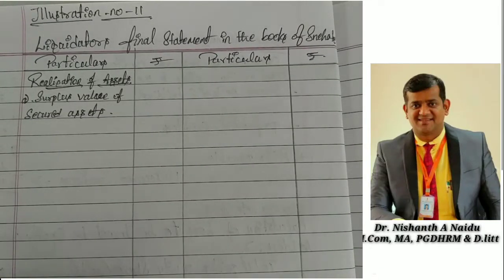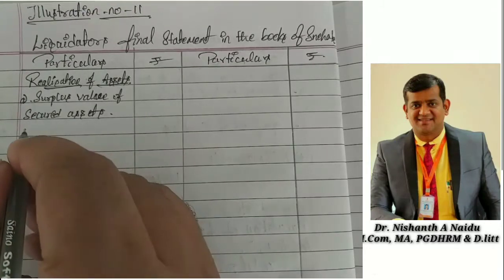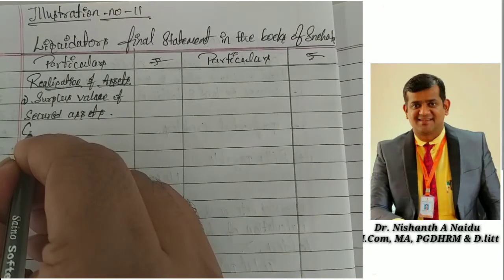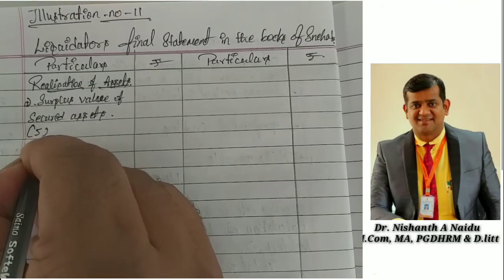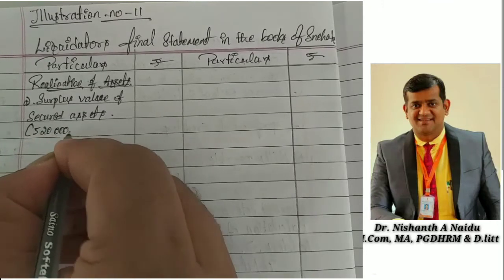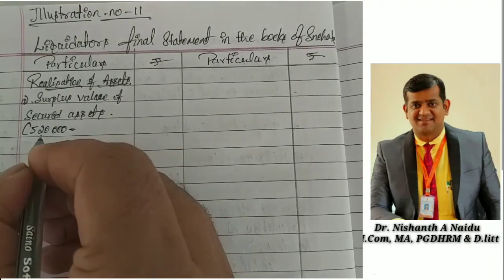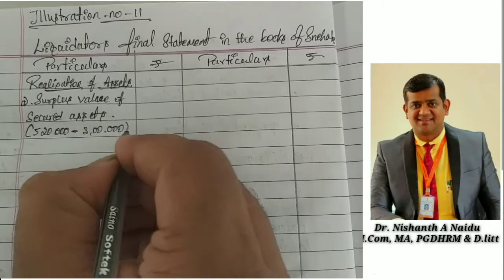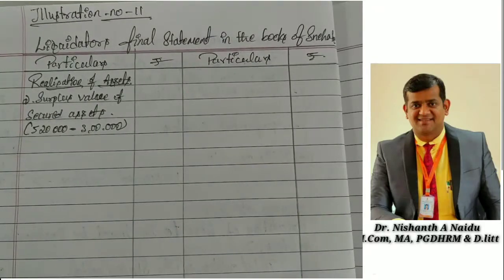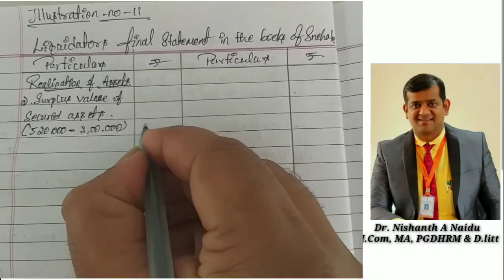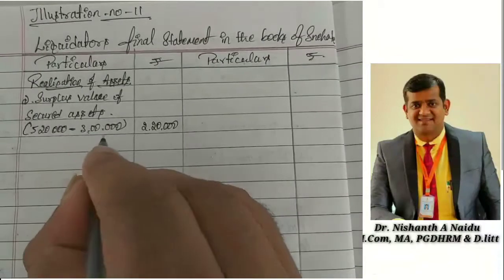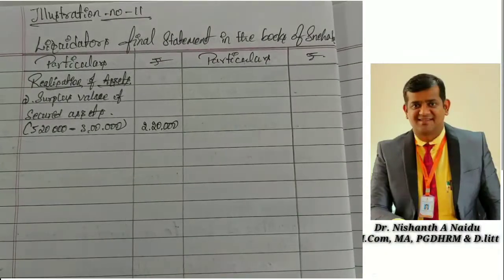Clear? So it has been mortgaged on land and building. What is the realized value of land and building? In the question, 5,20,000. Correct? So 5,20,000 minus secured for how much? 3 lakh rupees. Correct? So then what is the surplus value? 2,20,000. 5,20,000 minus 3 lakh is 2,20,000.